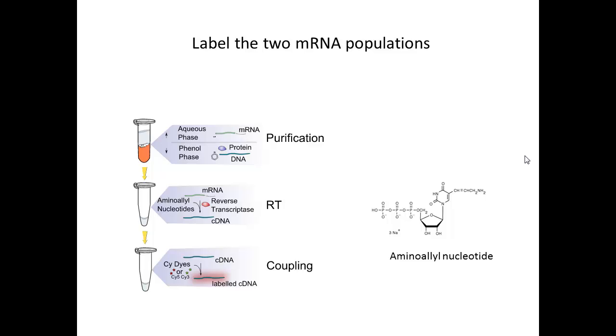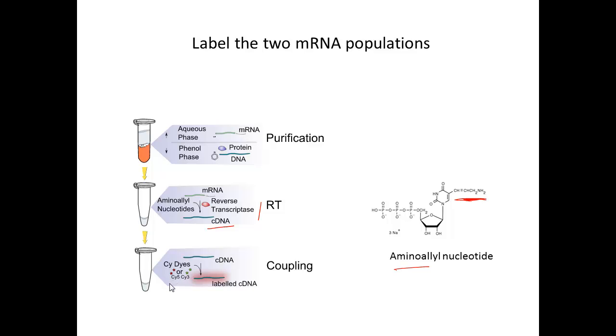On this slide, we see the labeling reaction for spotted microarrays, which is fairly simple. We have purified mRNA, which we obtain by poly-A selection. We'll use the enzyme reverse transcriptase to make a cDNA copy, but in addition to the normal nucleotides, we'll also have a little bit of the amino allyl nucleotides, which is a small molecule that later on can be chemically coupled to fluorescent dyes.